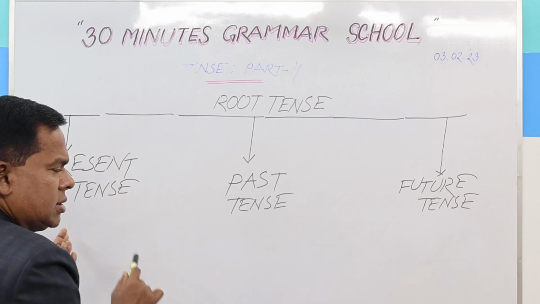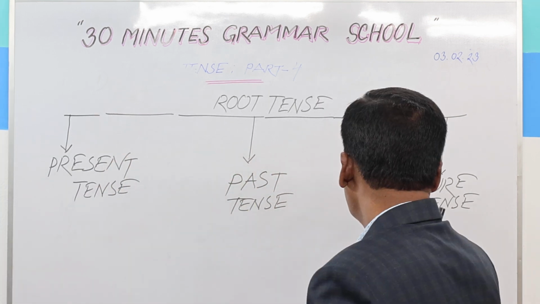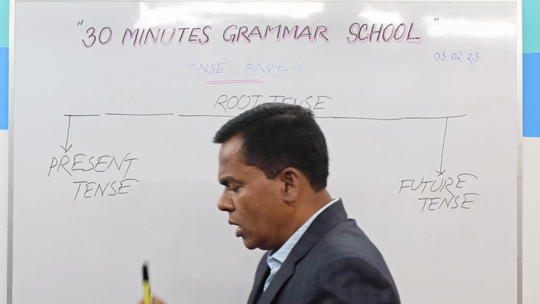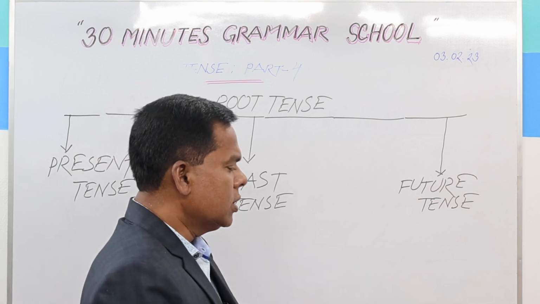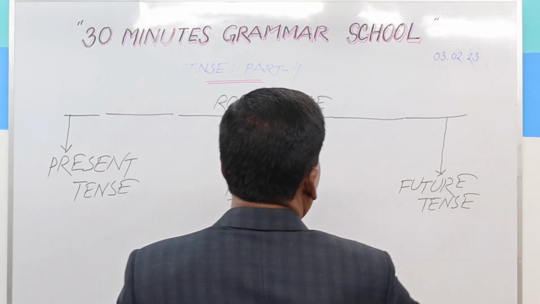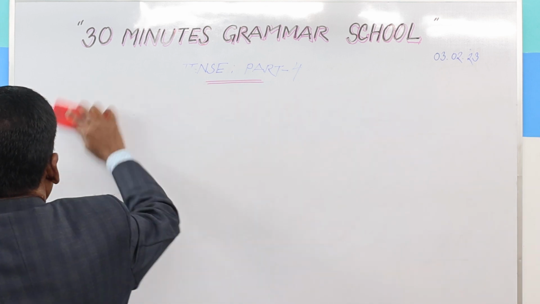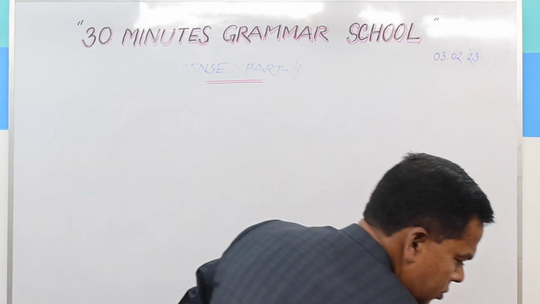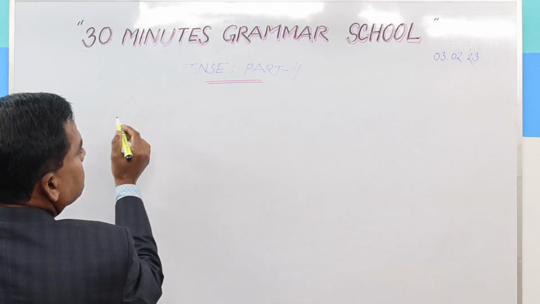Present tense is a root tense, past tense is a root tense, and future tense is also a root tense. We have already learned the tricks of finding out the root tense. Now I am writing the diagram of branch tense, the branch learning process.